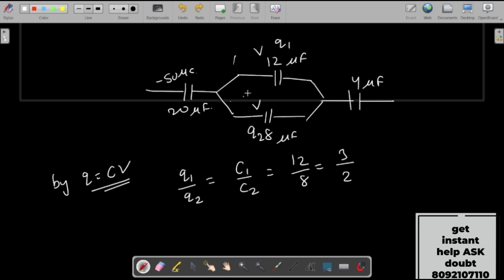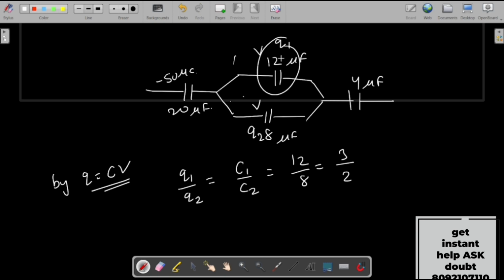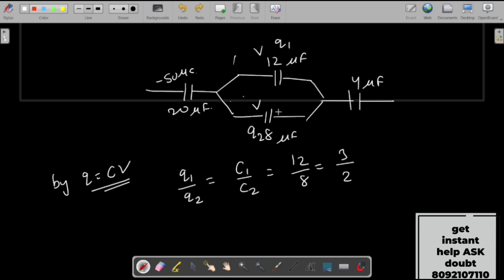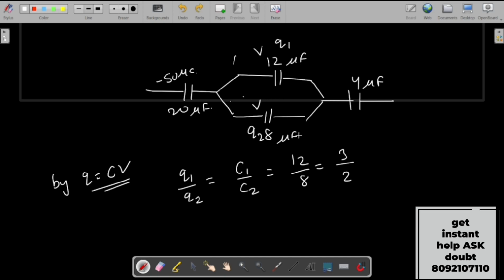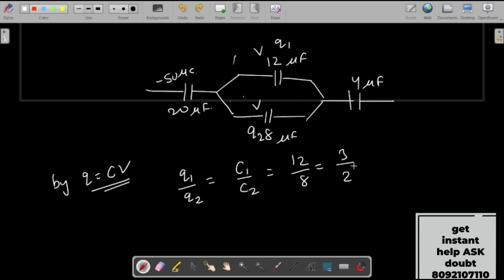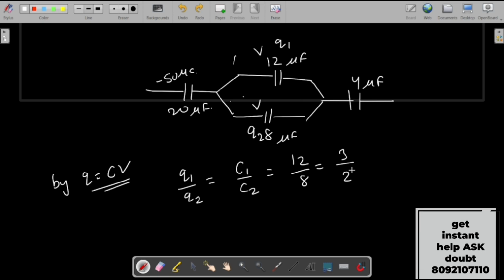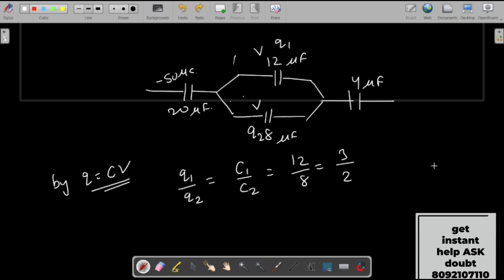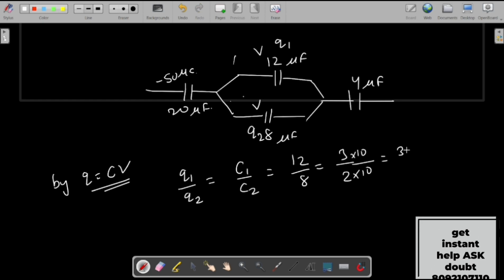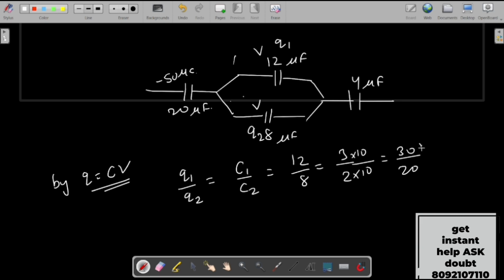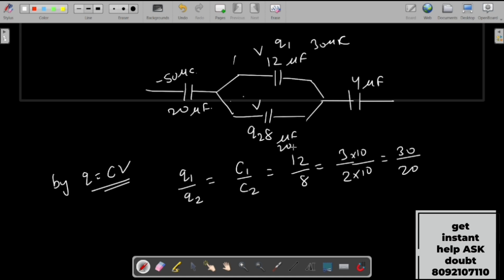Some of the charge will be here and some of it will be here, and their ratio will be 3:2. If we multiply by 10 in numerator and denominator, then it will be 30 by 20, whose sum is 50. So it has 30 microcoulomb and it has 20 microcoulomb charge.